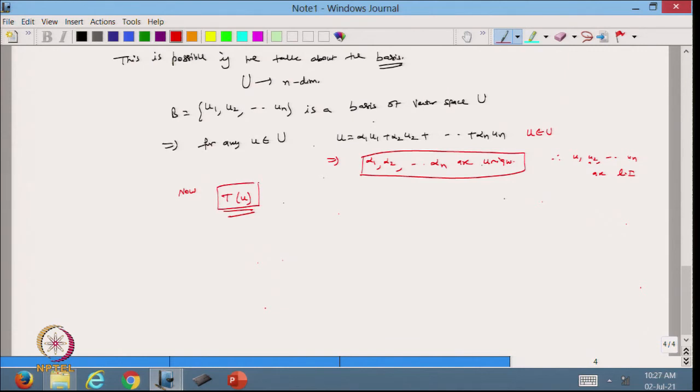So, how can we define the T of u? That we do with a theorem. Let us write one important theorem, or you can write the definition.